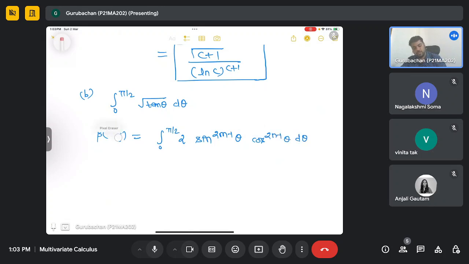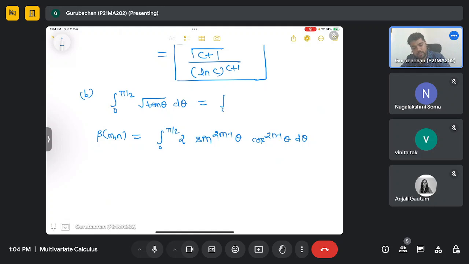Since I'm using m, n here, I will write m, n. So we have to take the help of this beta function to transform our integration into a simpler form. Then we might use some beta-gamma relation or other things. So first of all, let us transform it into this particular type of integration.